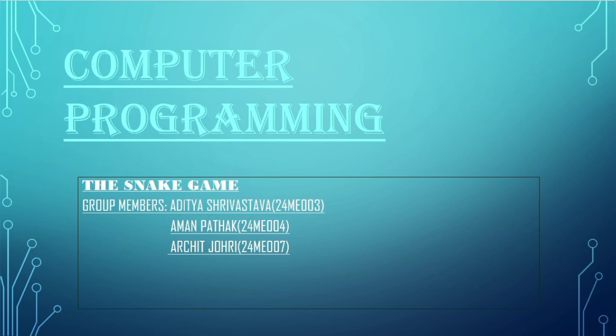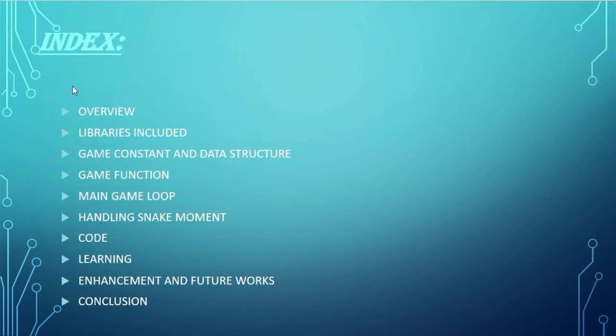So let's start with the index. In the index, what we will talk about in our project is the overview, the libraries which are included, the game constants and data structures, game functions, main game loop, handling snake movement, code learning, enhancement and future works, and then the conclusion.